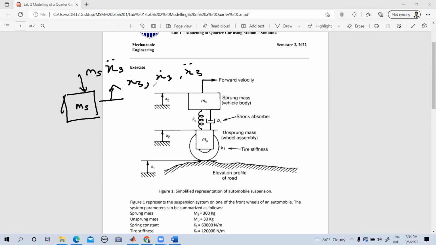So the corresponding force, the resistance given by the spring, can be taken into account. We'll consider this occasion where the displacement is happening in this way, and the spring is trying to hold this mass back, right? So this is K spring, the spring coefficient, and the overall displacement we can get as x3 minus x2.